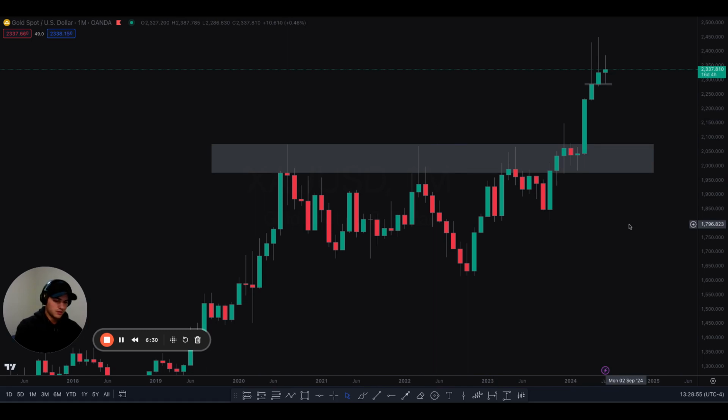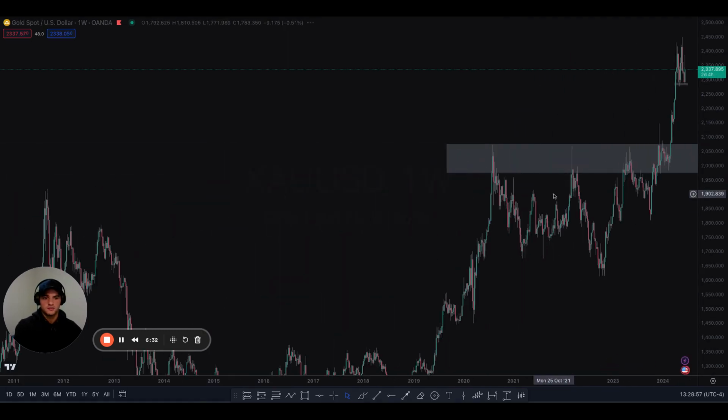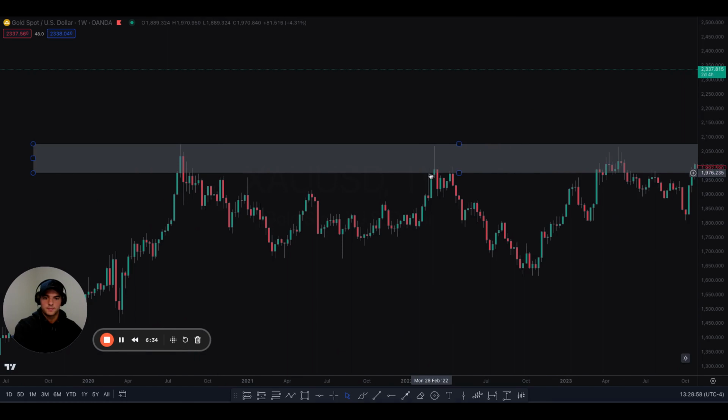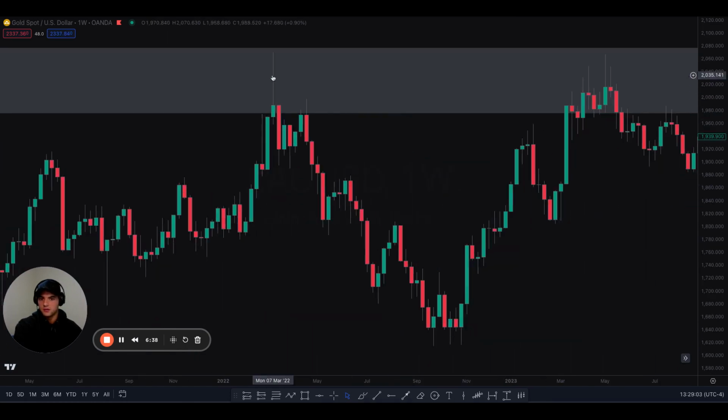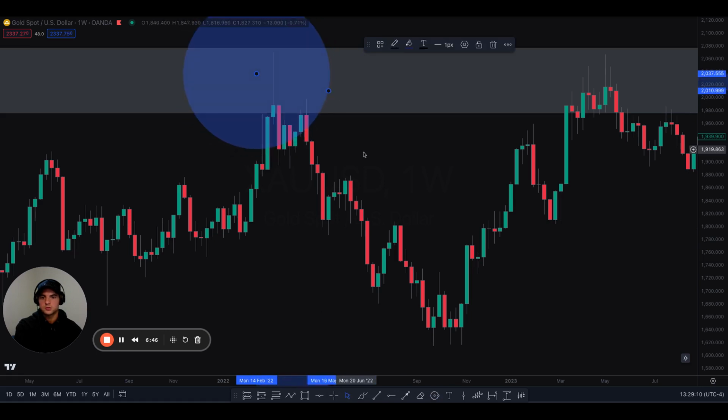Now, if we drop down to the weekly time frame, you're going to have to find something like this over here, right? As you can see, you have a bearish doji over here on the weekly time frame, which means if we drop down to the daily, let me just circle this up.